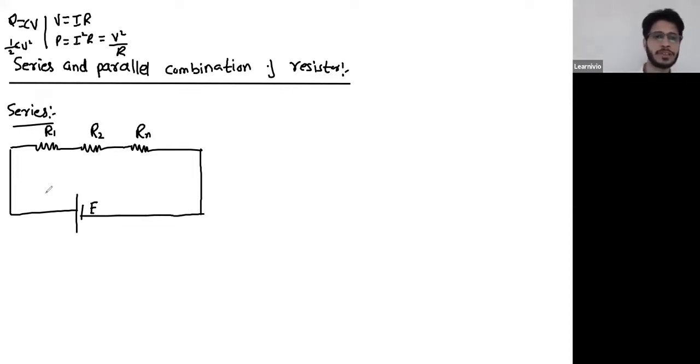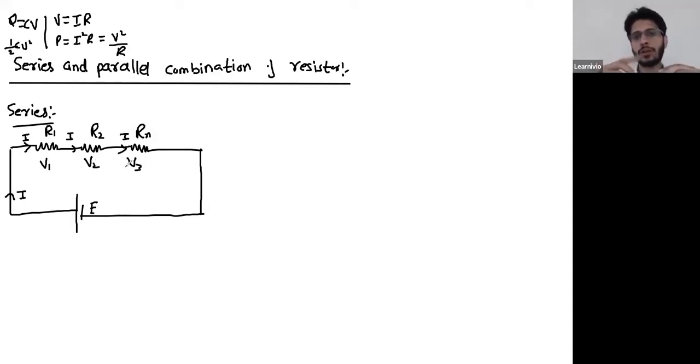We have done this yesterday. In these types of circuits, when there is no branching, the current which passes through the cell will flow through each resistor. There is no branching in this circuit. So here current is the same, but voltage will divide.